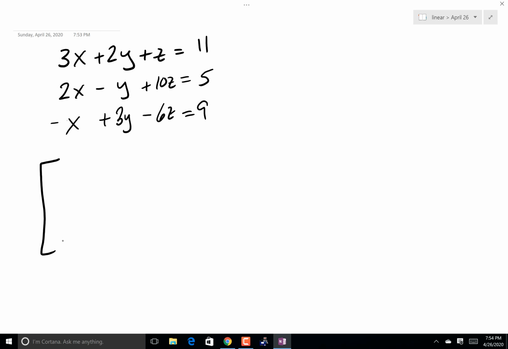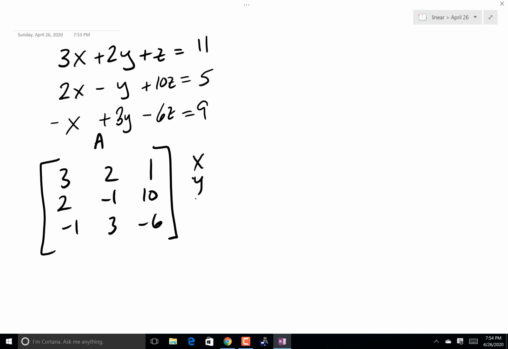So my A matrix is this guy. Yeah, that's my A matrix. Okay, again, multiplying it by x, y, and z, that's my quote-unquote x vector. And it's going to be equal to this guy right here.